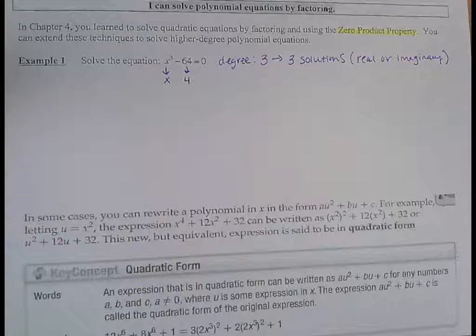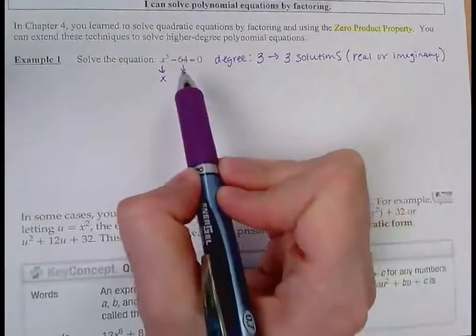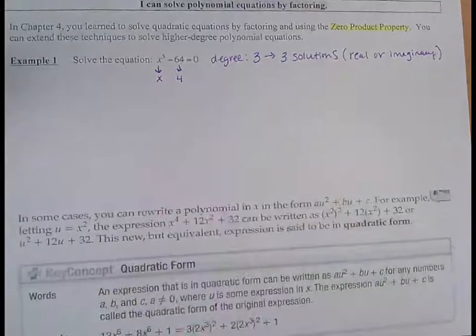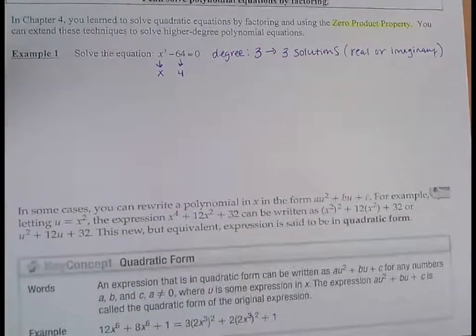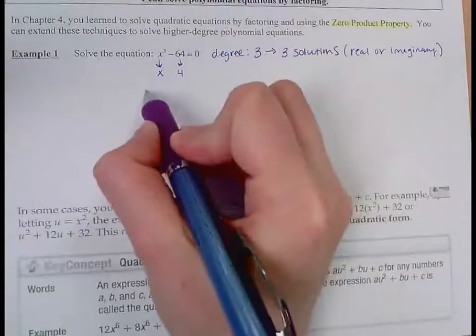I'm not going to write the formula up here. It's on your sheet from yesterday. Again, you don't have to have it memorized, but if you're wondering where I'm getting this from, it's from that formula we had yesterday. With a difference of cubes, the formula starts out to factor it with a minus b. In our case, that would be x minus 4.